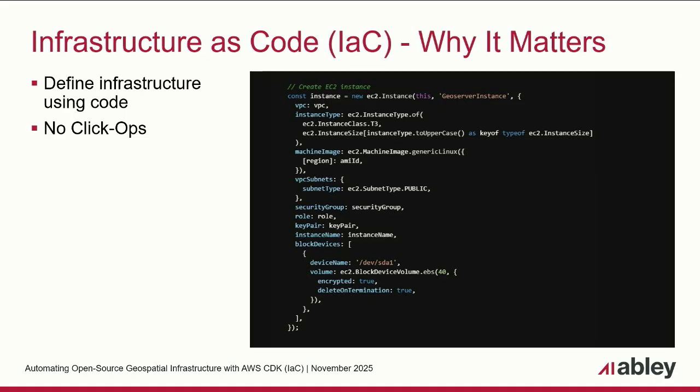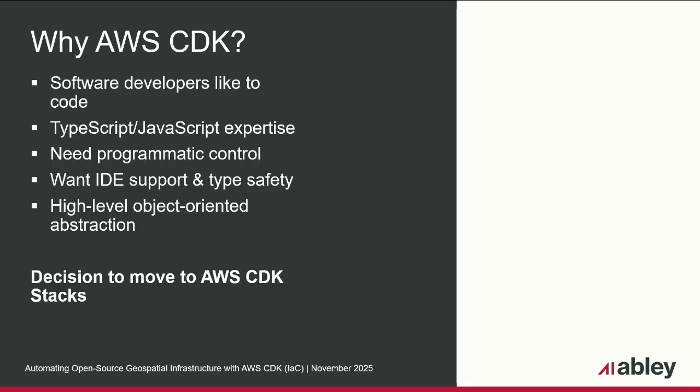The code looks like the one on the slide. So why AWS CDK? Our team is heavy on software developers. Although we work on many different technologies, nowadays we are working more in TypeScript and JavaScript. Even I was working more in .NET before, but now I'm more in TypeScript, JavaScript. I don't know much about Python though.